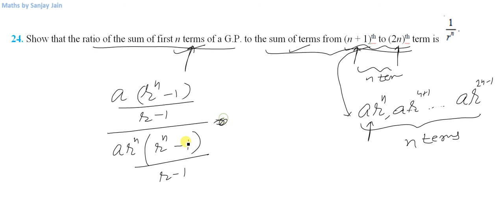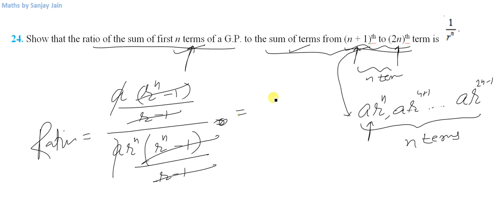So this is the ratio we are talking about. The required ratio is equal to this. This can be cancelled, this can be cancelled, a can be cancelled, so it is equal to 1 upon r^n, hence proved. I hope you got the question.